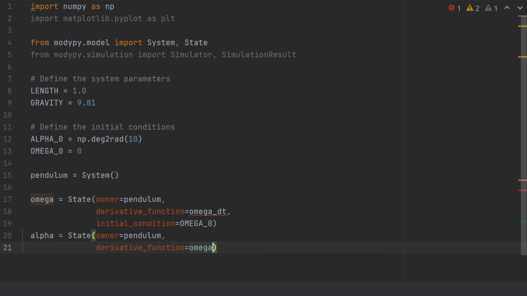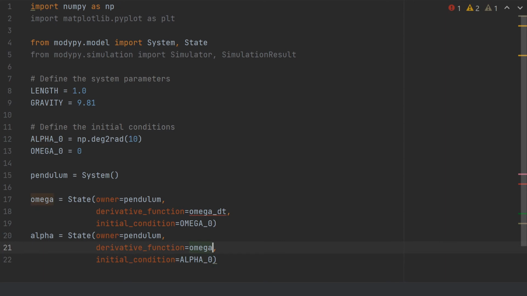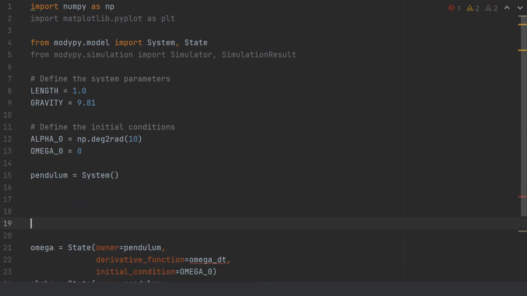We can use the state as a derivative function because it is callable and it follows the protocol that most of the functions in MoDyPy follow, which accept a single system state object. The initial condition here is alpha naught. Now we need to define the derivative function.